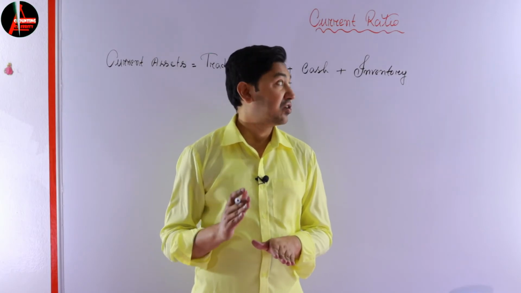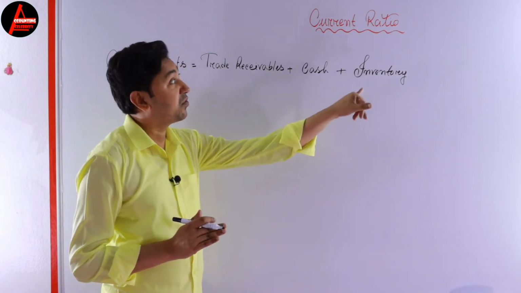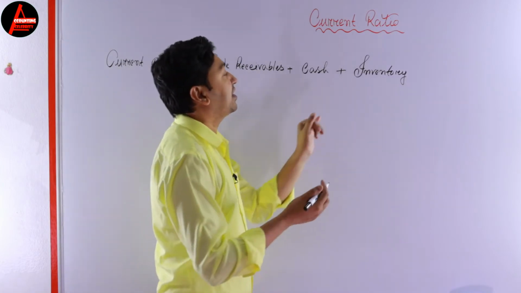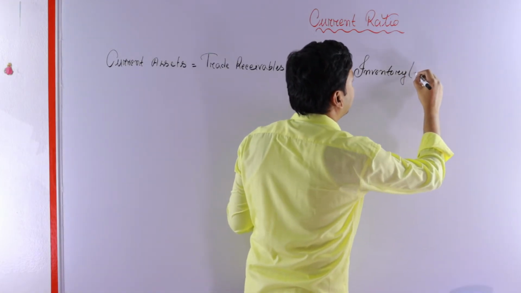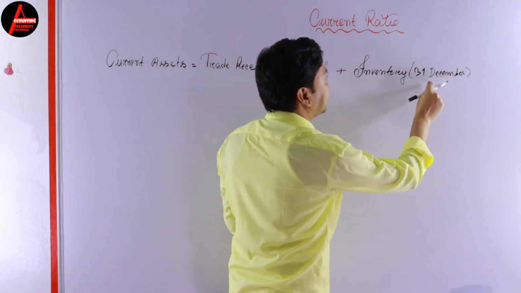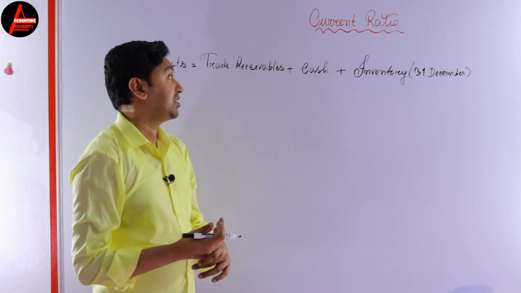We will take the closing inventory. Many people make a mistake here: instead of writing closing inventory, they write opening inventory. Let us identify it here by writing 31st December. That means it is a closing inventory, as the year started on 1st January.